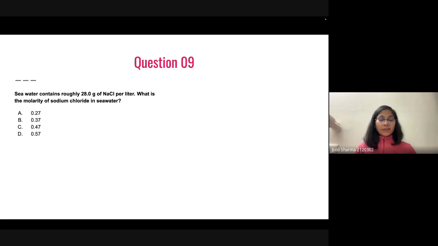What is the molar mass of NaCl? Okay, Ipshmita gave me the answer, that is 58.44 gram per mole. Okay, this is the molar mass, right?